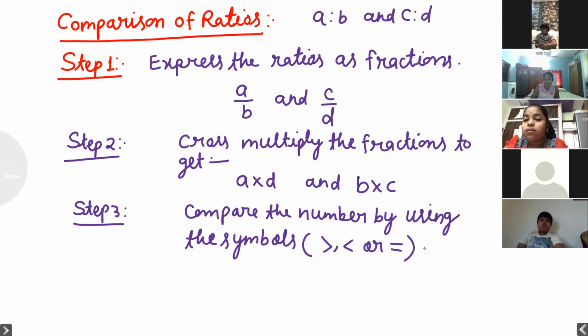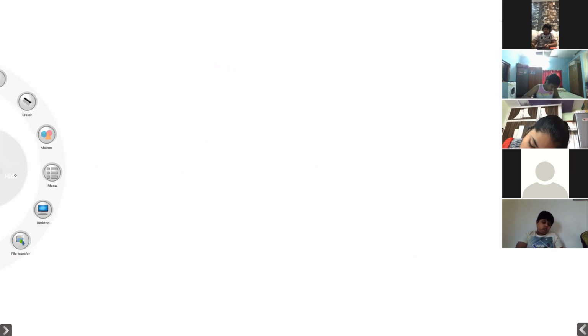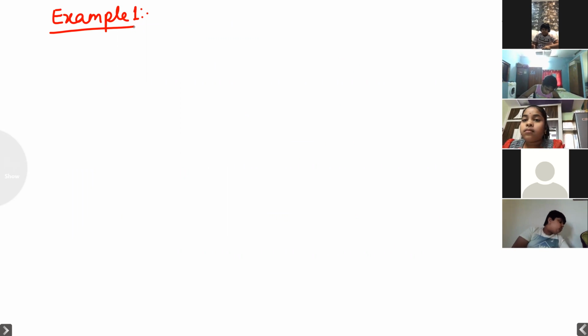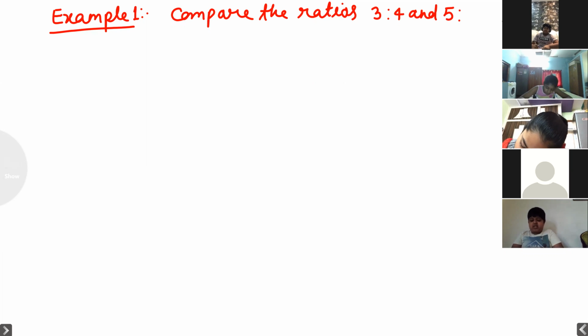Note down example 1. First example. Compare the ratios 3 is to 4 and 5 is to 7.